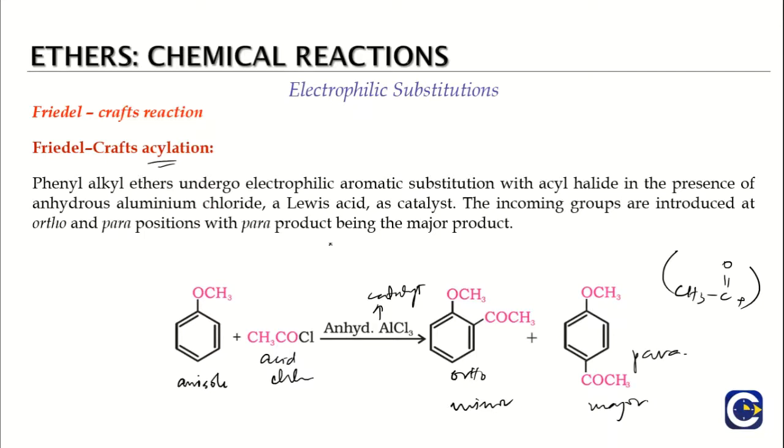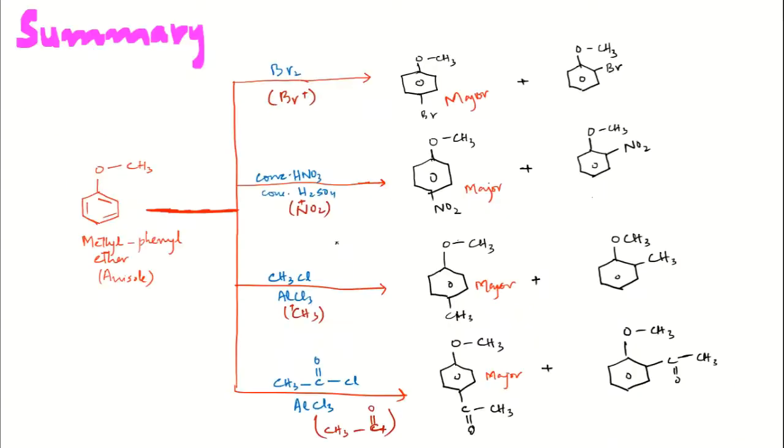We can say aryl ethers. Okay, so if we summarize, this is the summary of these reactions. We have anisole, methyl phenyl ether. Its reaction with different electrophiles gives us different products. So we can do bromination, nitration, Friedel-Crafts alkylation, Friedel-Crafts acylation reaction.